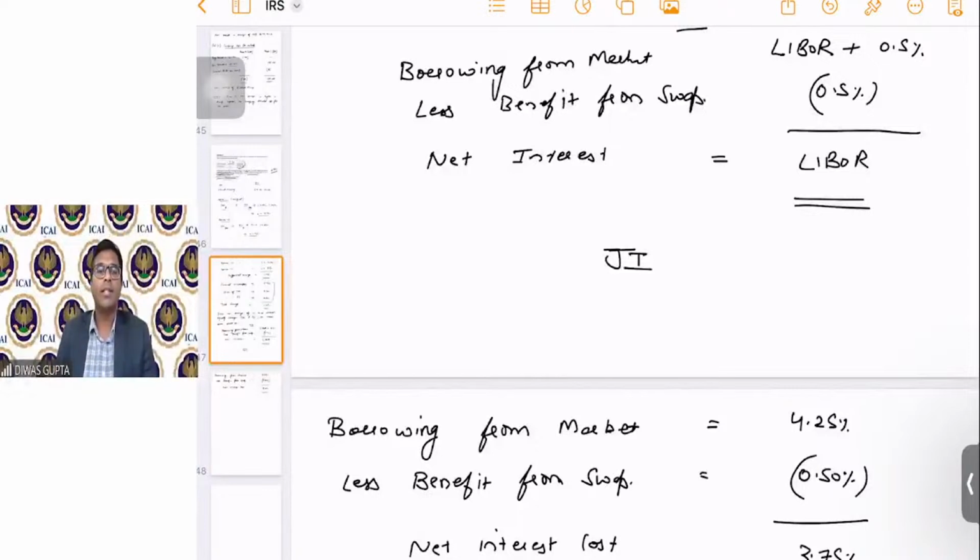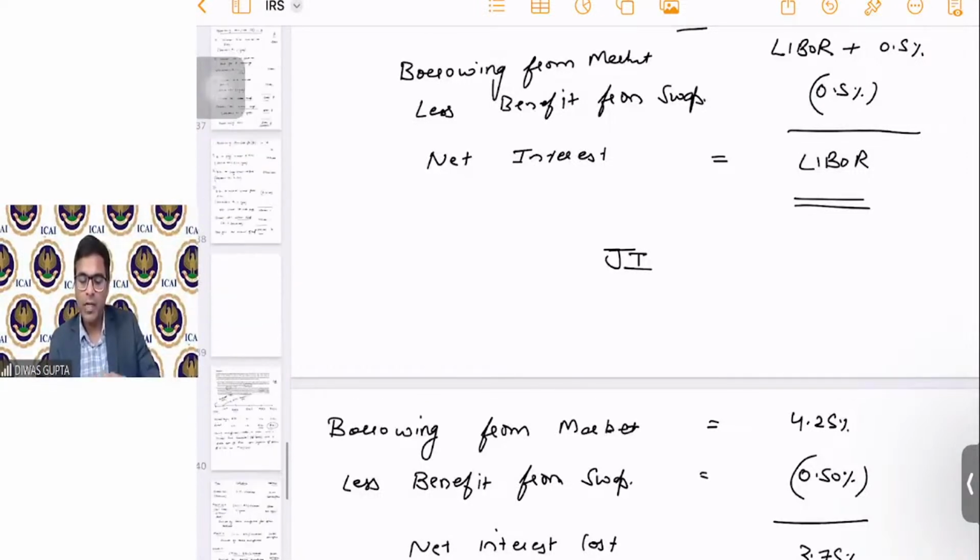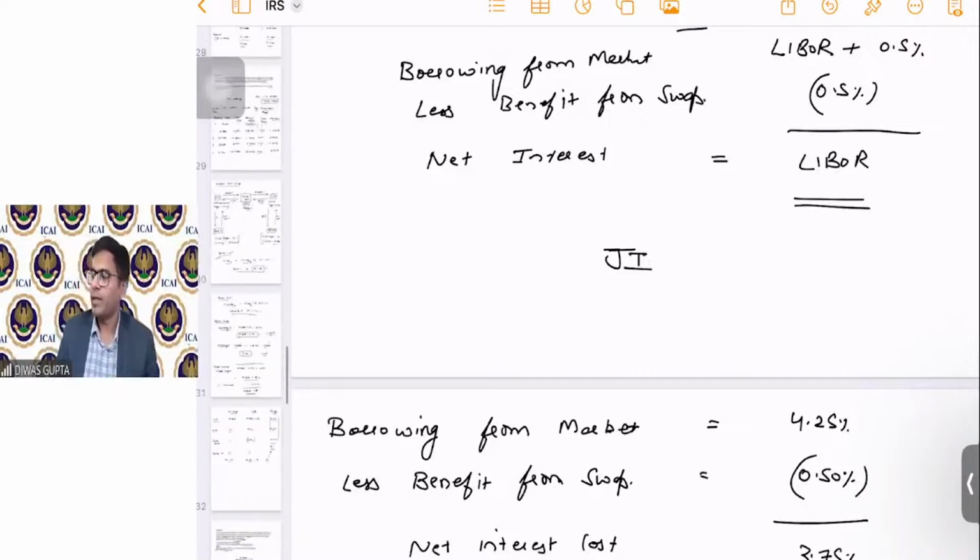So students, this brings us towards the end of the interest rate risk management. Now, quickly, let's summarize and understand our overall understanding till now. So let me just take you through that quickly.